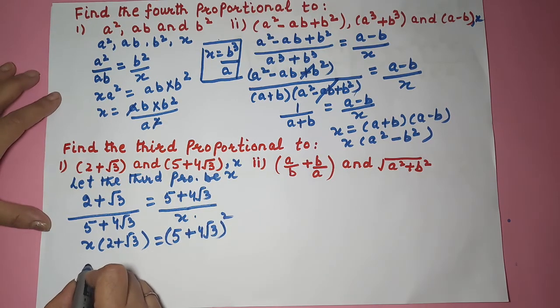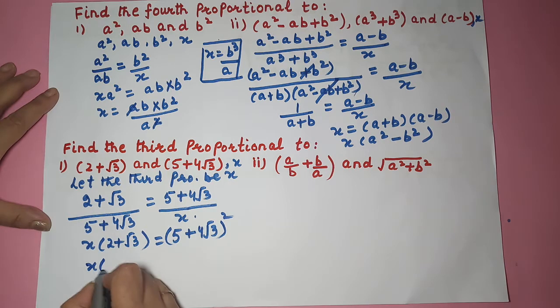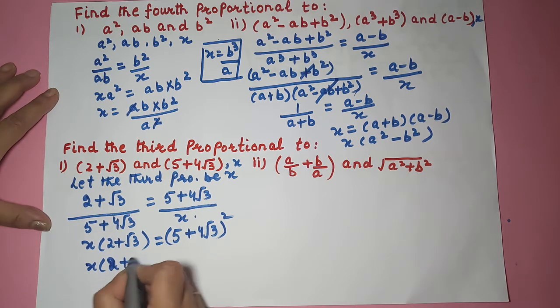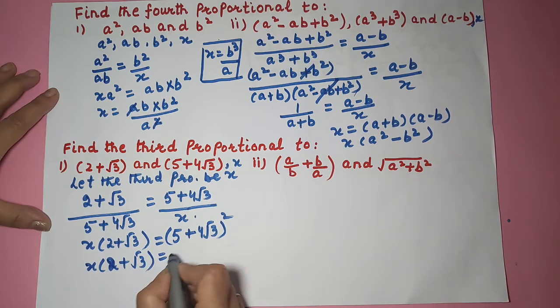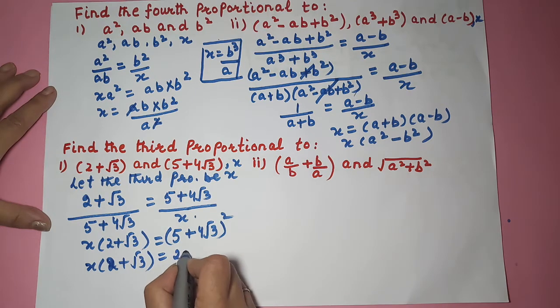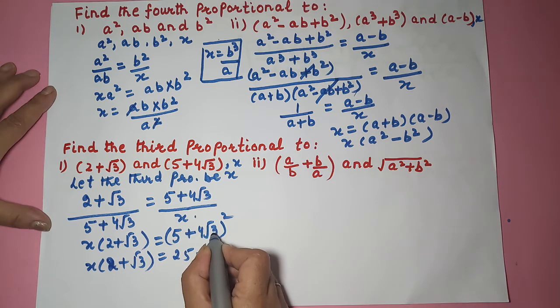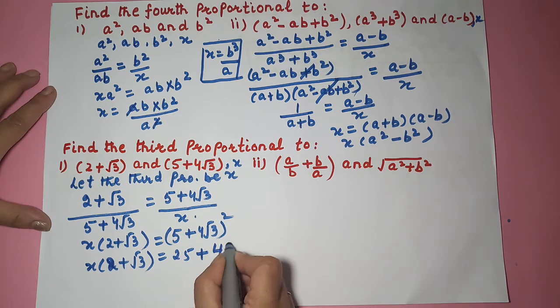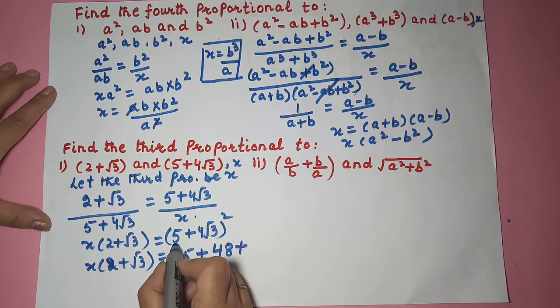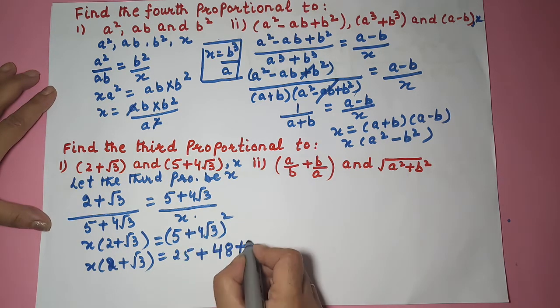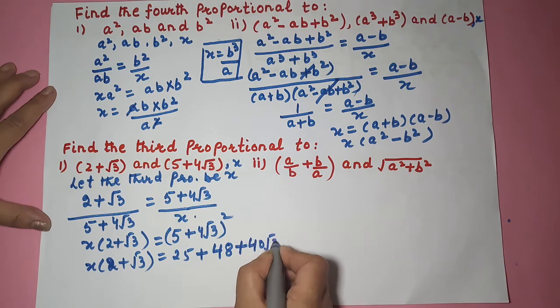So finally we will get x into 2 plus root 3 is equal to, let's open this, 25 plus a square plus b square, 4 square is 16, 16 into 3 is 48, plus 2ab. So 5 4s are 20, 2 2s are 40 root 3.